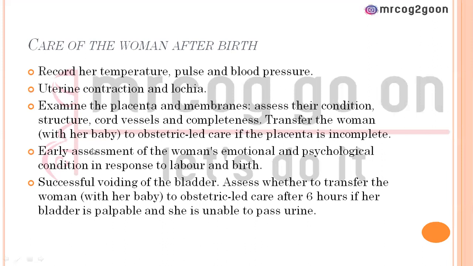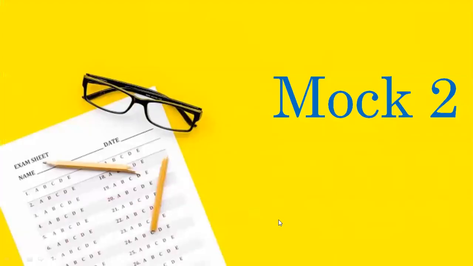Transfer the woman with her baby to obstetric care if the placenta is incomplete. Early assessment of the woman's emotional and psychological condition, and successful voiding of the bladder. Assess whether to transfer the woman to obstetric-led care after 6 hours if her bladder is palpable and she is unable to pass urine.